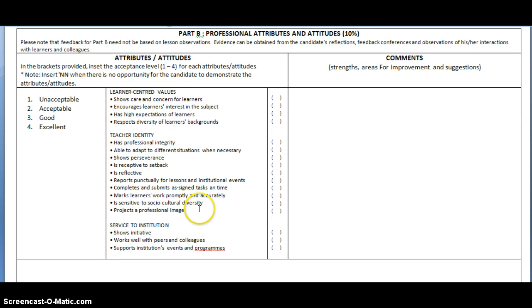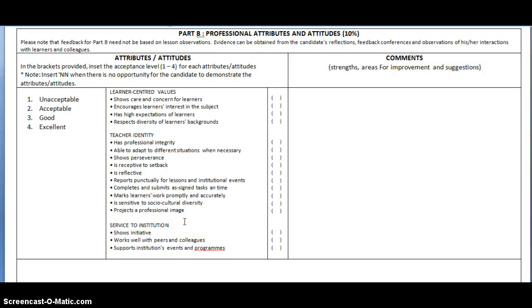Okay, professional image here, it depends on the course that you're teaching. If you're from hospitality, then if you wear a chef uniform, then that's a professional image. Okay, and so on and so forth.